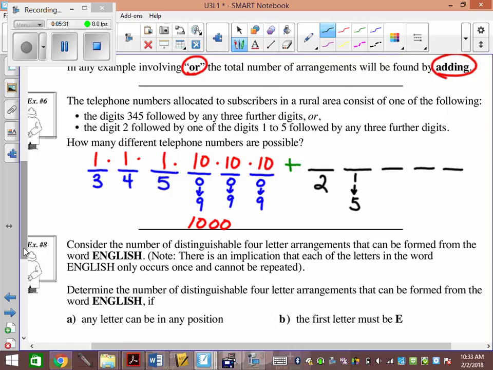No. Say 0 to 9. So we have one option, 5, 10, 10, 10. So we're going to add 5,000. 1,000 plus 5,000, how many total options? 6,000.